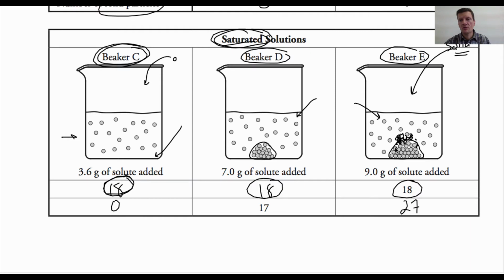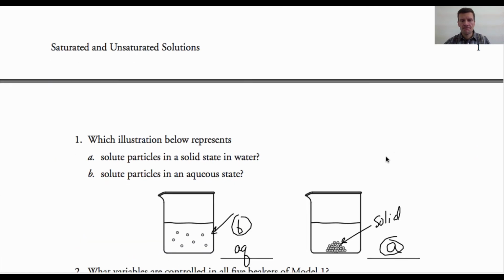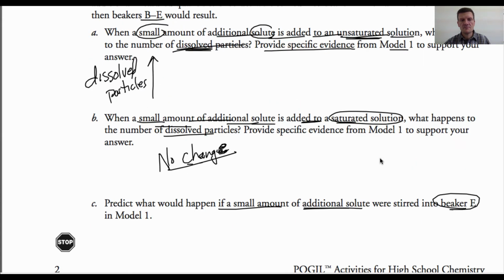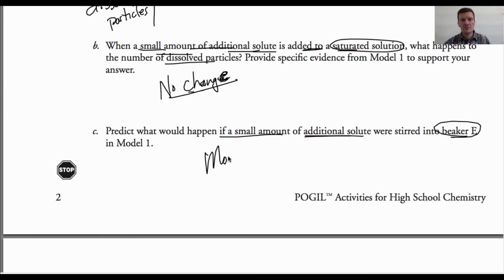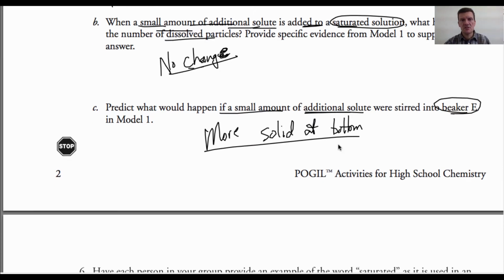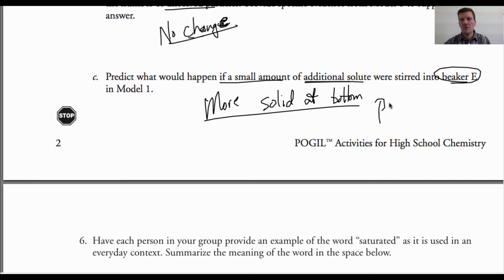We're going to have more and more crystals down here. This pile is going to get larger as a result. More solid at bottom. The solid that settles out of a solution is called a precipitate, by the way.